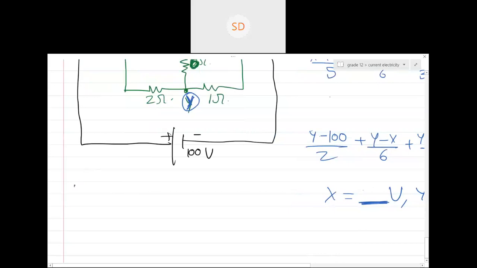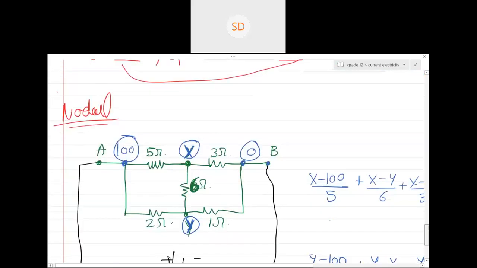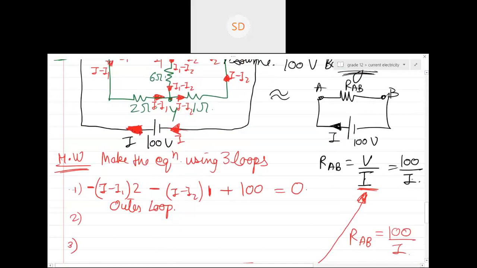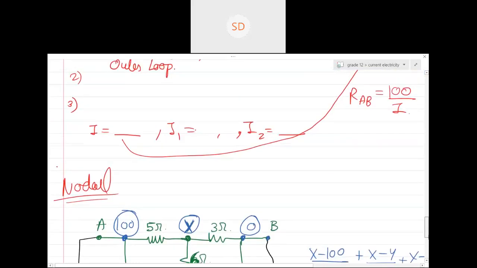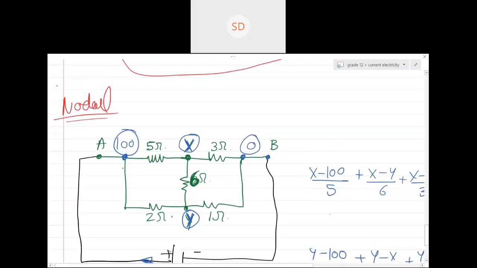So how will you find out the net resistance? Net resistance will be calculated by total potential by current: 100 divided by the net current. If you have assumed that a current I will flow through here, let's say I2 current goes over here. So what is I2? I2 is (100 minus X) upon 5.